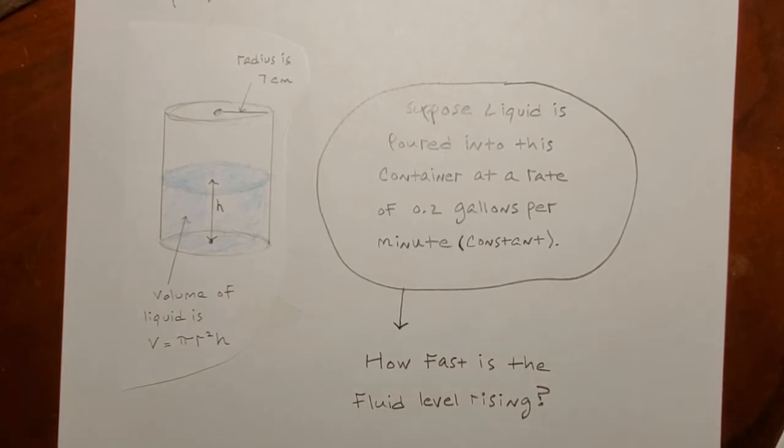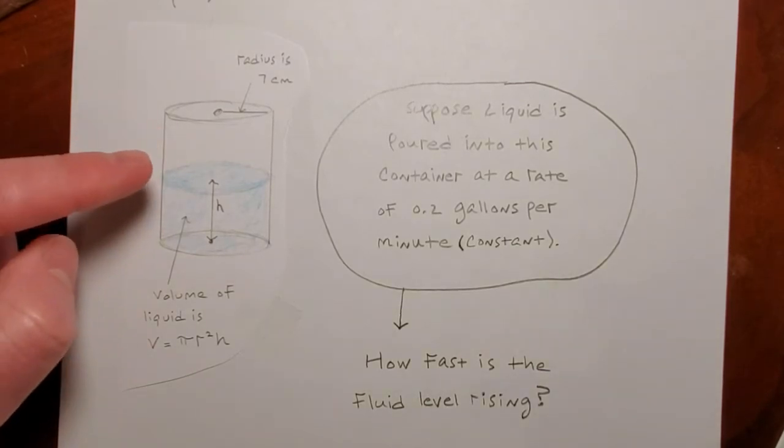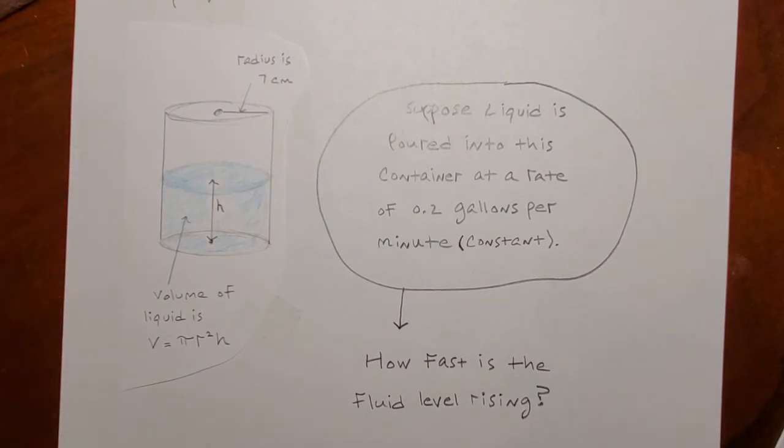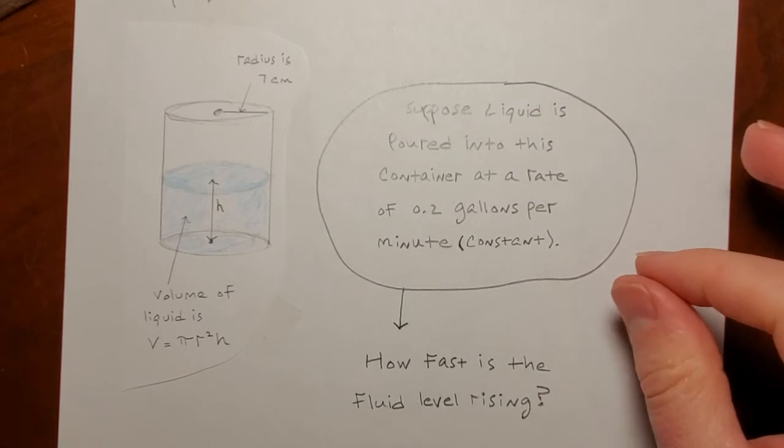However you want to measure it, if you were pouring liquid into this, you could say liters per second or gallons per minute. It's going to be volume over time. This is just a description of how that's happening. So that's a description of something going on.